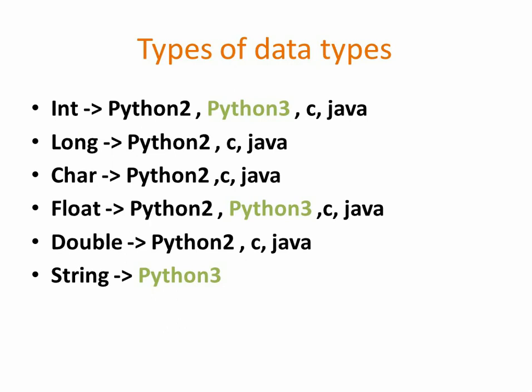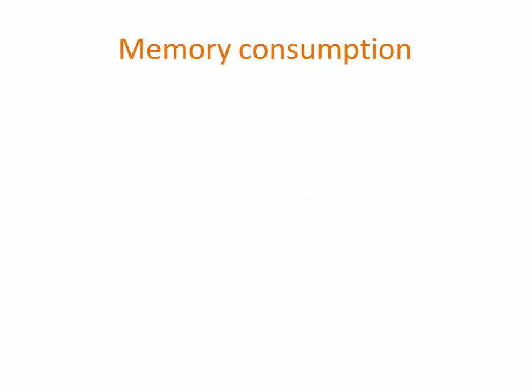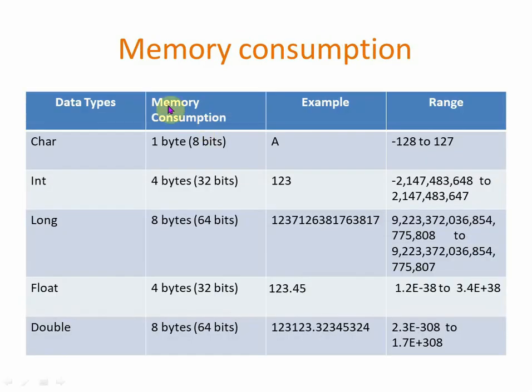Now, memory consumption. Here char consumes 1 byte of memory. Any character, like A, is called a char. If I write B, that is also called a char. But if I write A and B together, that is not called a char. When you convert this into an ASCII value and then into int type, it will range from here to here.